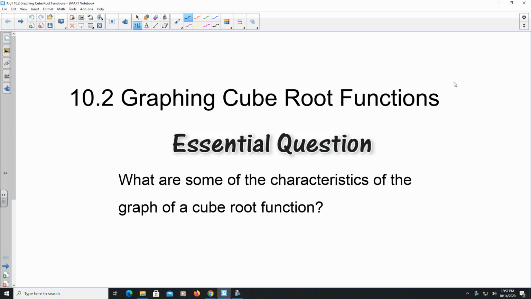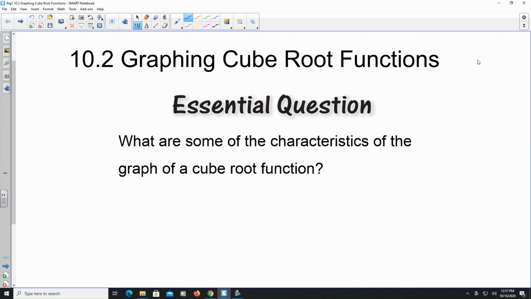So in 10.1, we looked at square root functions. This was like our parent square root function, f of x equals the square root of x.